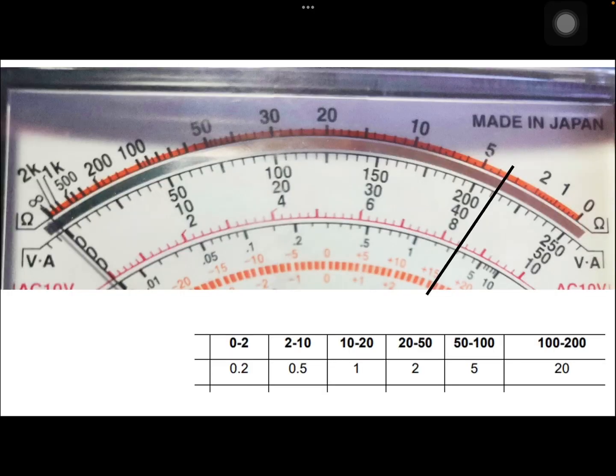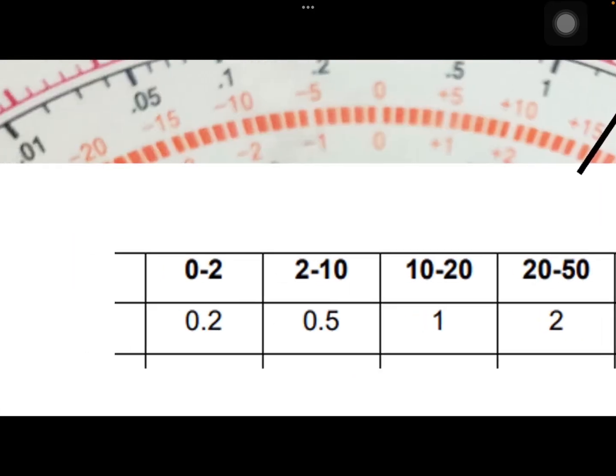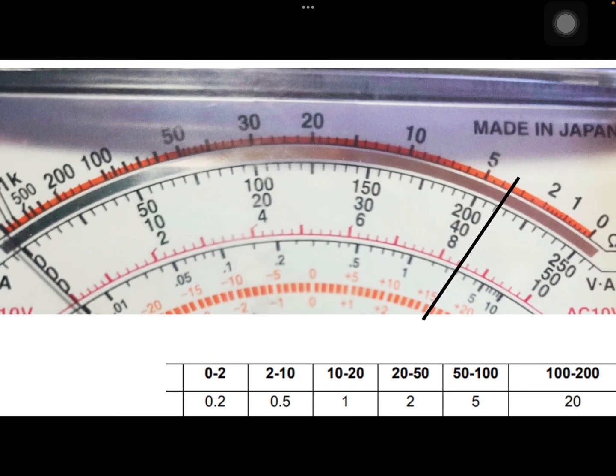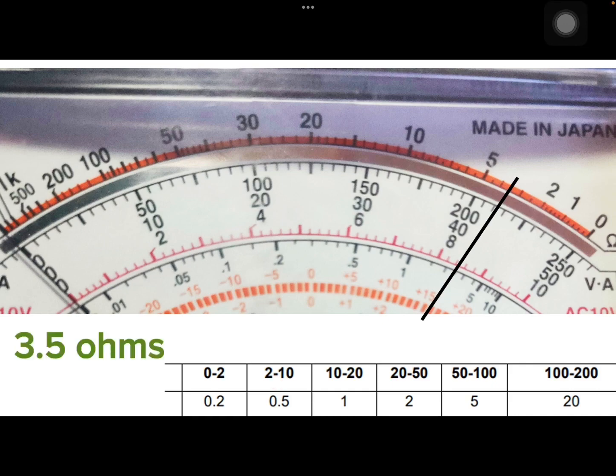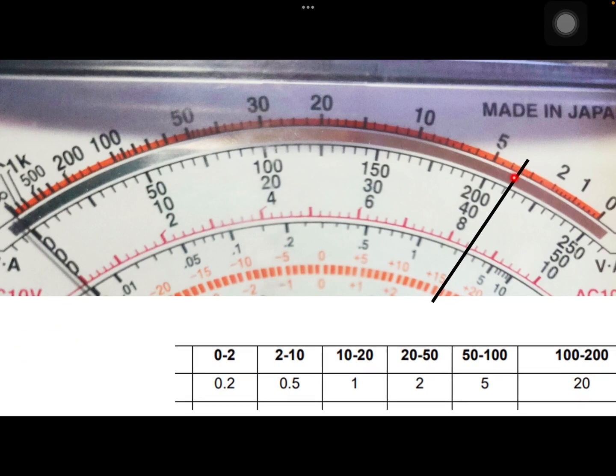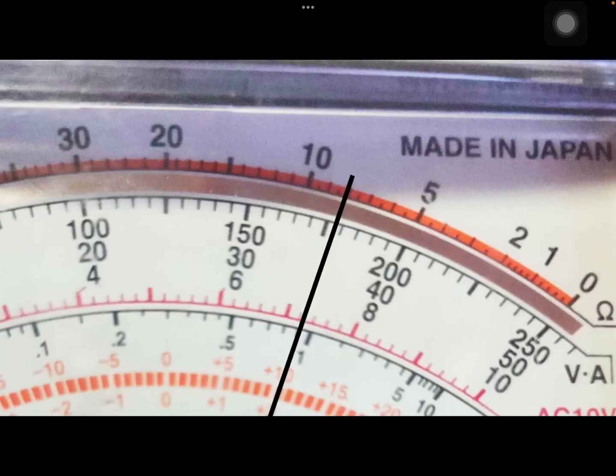Let's check the chart. We have 0.5. So, for this example, nandito ang ating needle or pointer ng ating multitester. Let's read. 3.5 is the reading for this example. Sige, let's have another. So, kayo ang magbabasa.